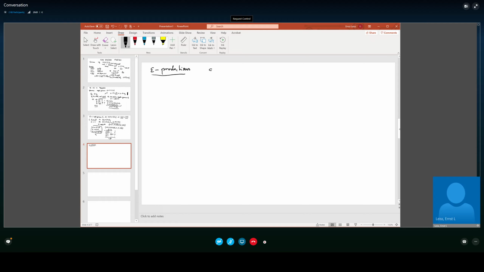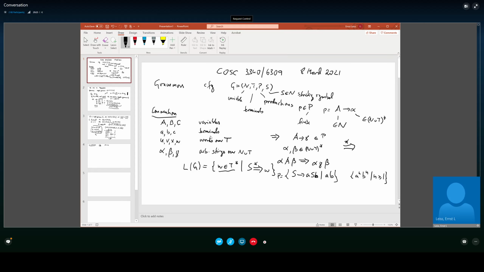We're back to context-free grammars. And so a production is A goes to alpha. Remember the convention: capital A is a variable and alpha is a string over the terminals and non-terminals. That's what we had here in the convention: variables, terminals, words over terminals, and arbitrary strings.